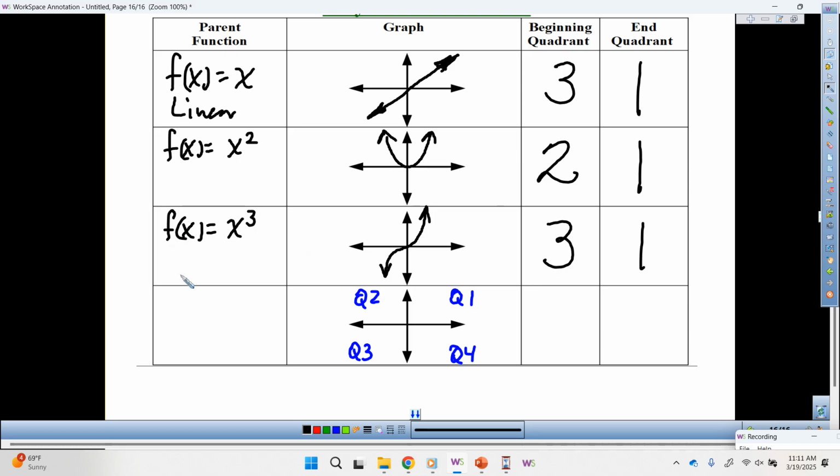Now, for the sake of illustrating the following, write f of x equals x to the 4th power. You're like, oh, snap. What is that going to look like, Mr. Q? Like this. Look up. Very thin. And then it's going to flatten out for a little bit and then go back up.